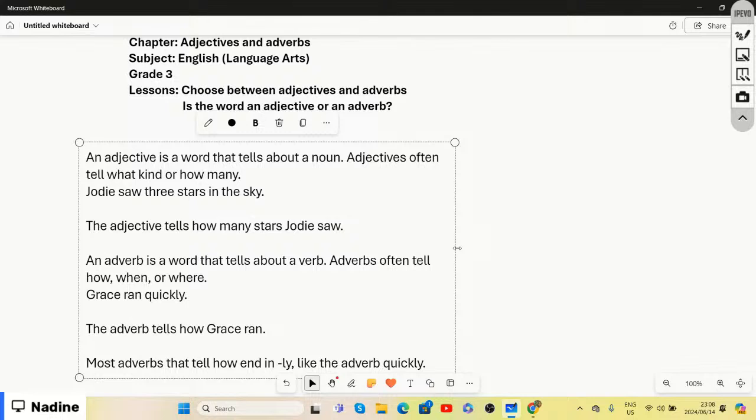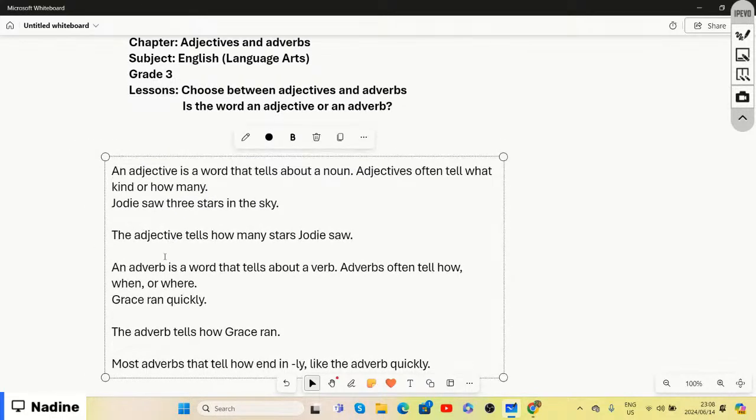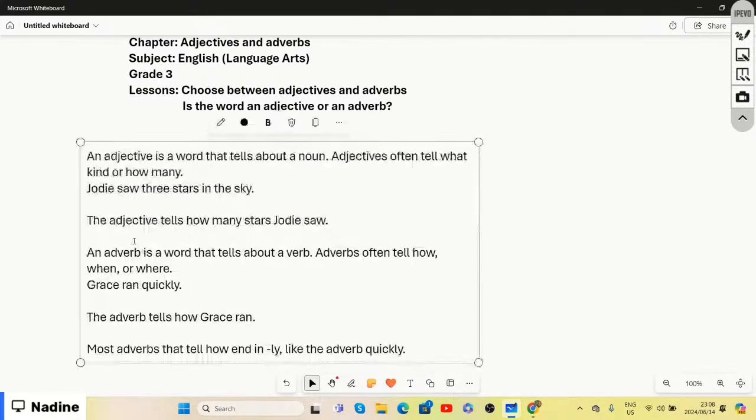So if you are to identify an adjective within a sentence, then you need to ask yourself what kind, or you need to ask yourself how many, right? And then you'll be able to answer the question if it tells us either what kind or how many.